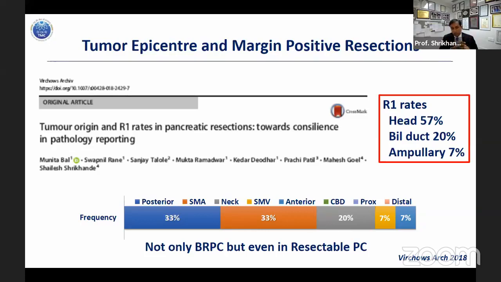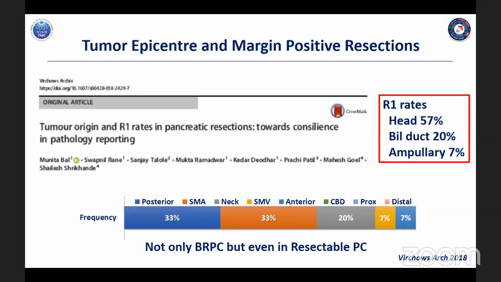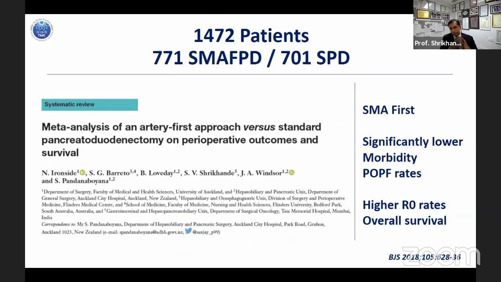And the ampullary tumors, which we would do more often in our country, the apparently smaller tumors, the tumors with a better biology is what we think. Even 7% of them, on table, everything looks clean and nice, but my pathologist can come back and say that it was R1 resection reflecting aggressive tumor biology.